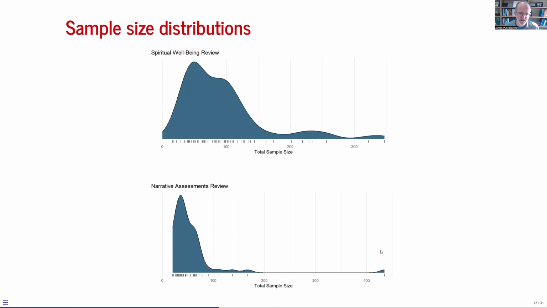The other question that you might ask with this sort of display, the question that comes up for me at least, is whether there is something goofy about this big study. Is there a reason that almost all of this literature is with sample sizes under 100, but then for whatever reason there's this one that's 4 times as large?